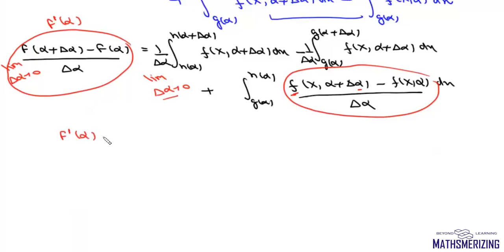So now we can write f dash alpha, and it'll be equal to, I'll write this one first. This is the partial derivative of f with respect to alpha.